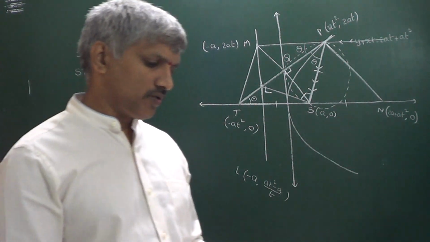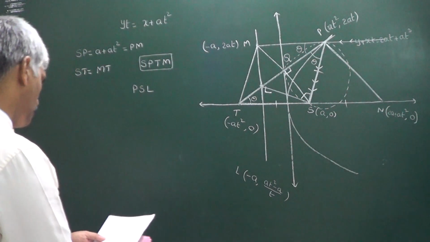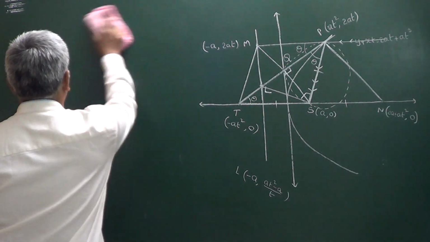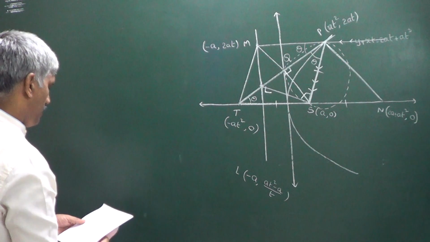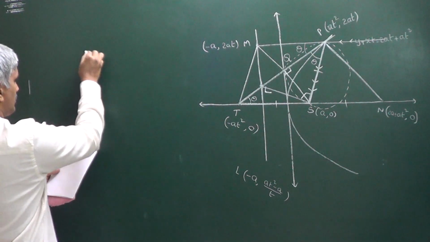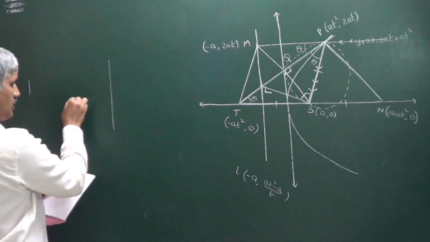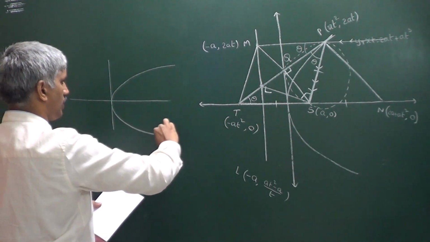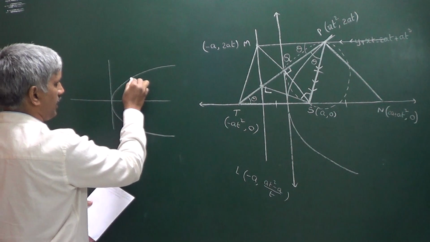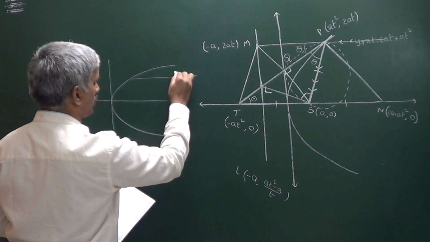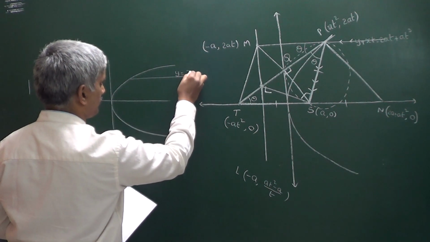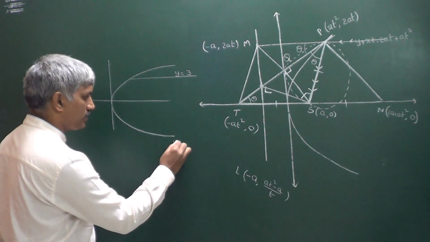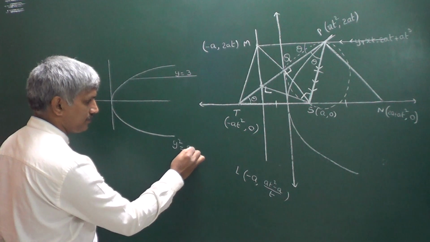See, one more question I will discuss here. The question goes like this. A ray of light travels along a line. Let us say this is the parabola, y square is equal to 4ax. A ray of light travels along the line y is equal to 3 and meets the parabola y square is equal to 9x.